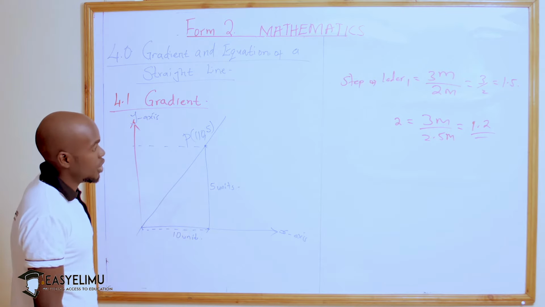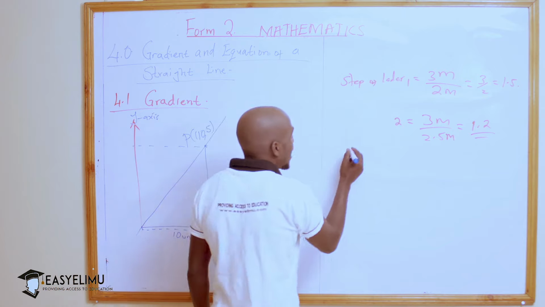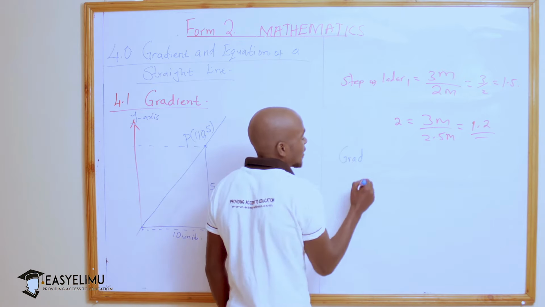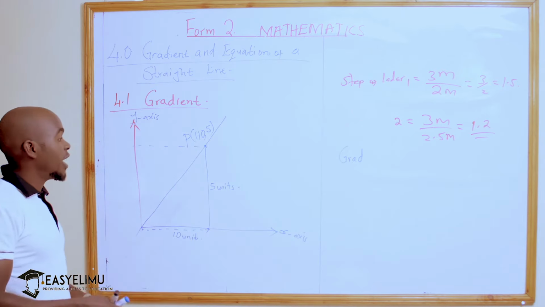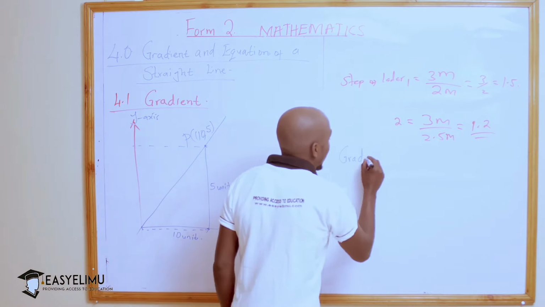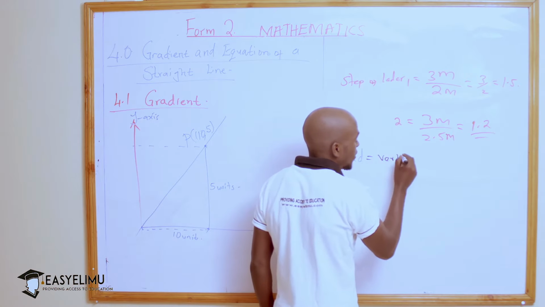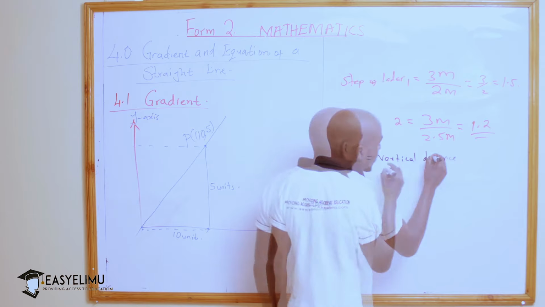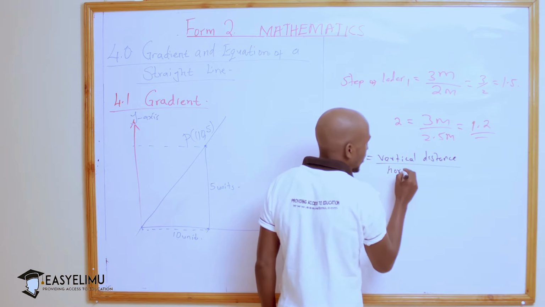Meaning that the gradient, abbreviated as grad, can be obtained by taking the vertical distance over the horizontal distance.